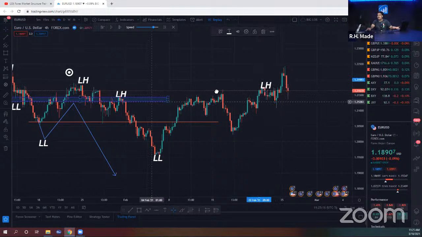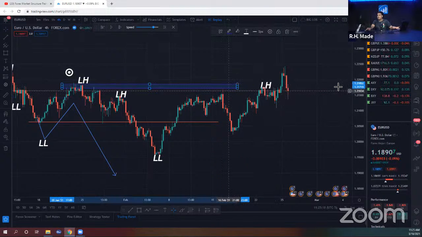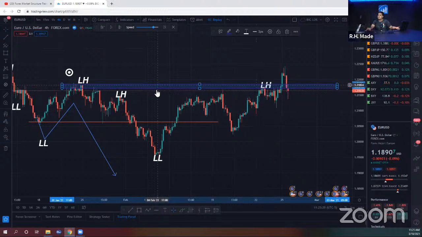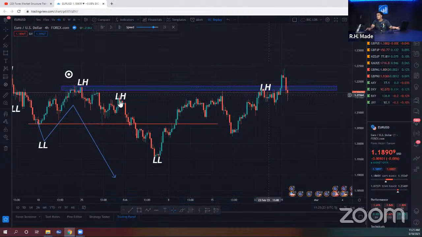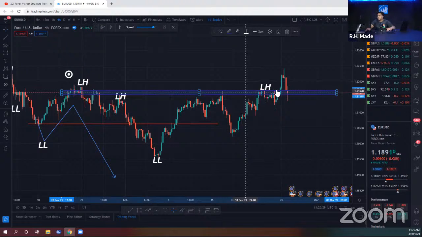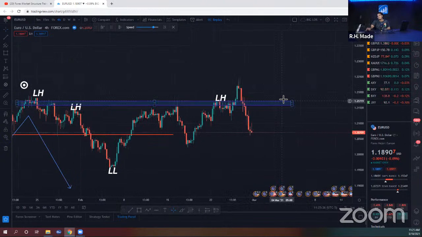The lower high is this whole area right here, because it's the same lower high. It rejected at the same price. So the trade's coming to retest, and we can expect an uptrend.